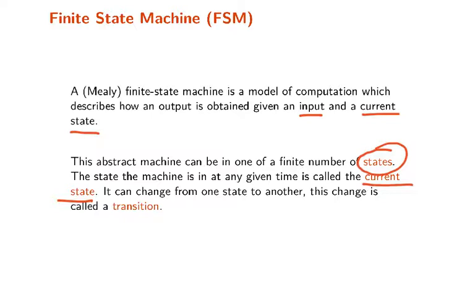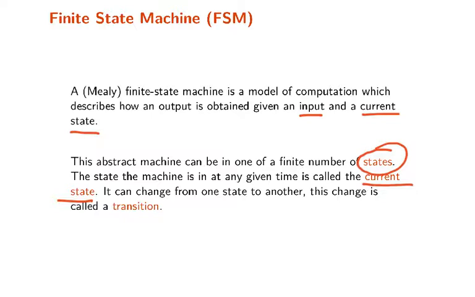As an example of these machines, we can think of a machine whose output depends not only on the input but also on the current state. Let's think, for instance, of an elevator. Let's say that an elevator is a machine that goes up or down.